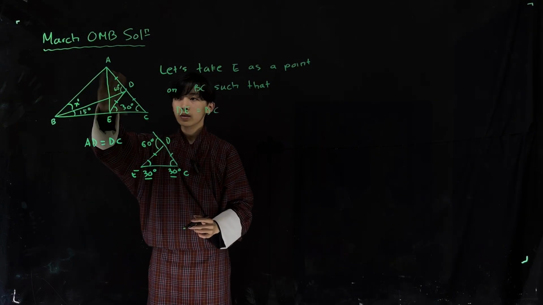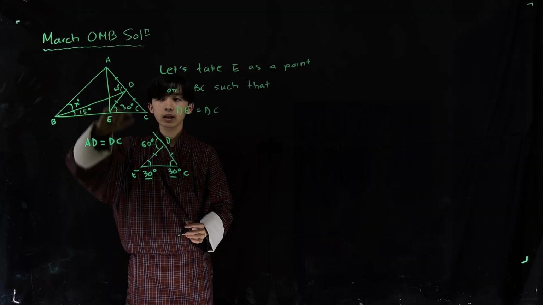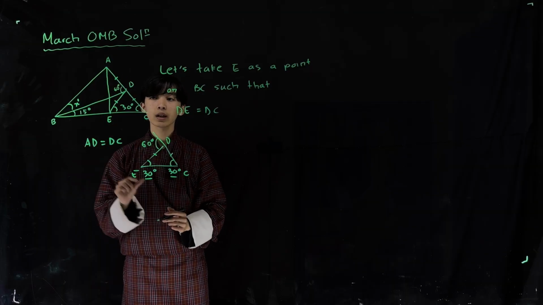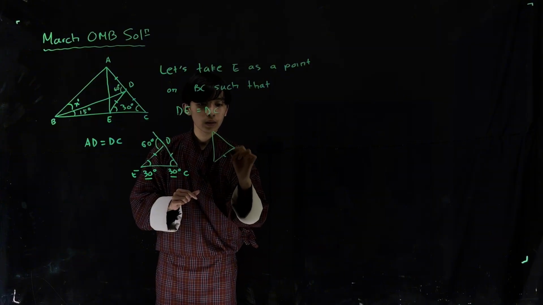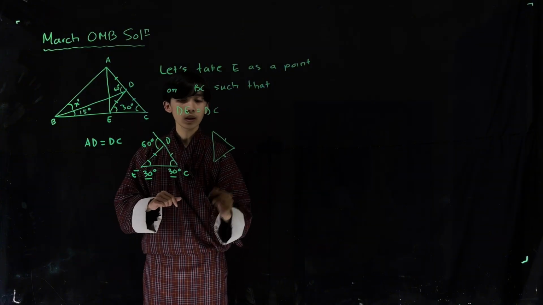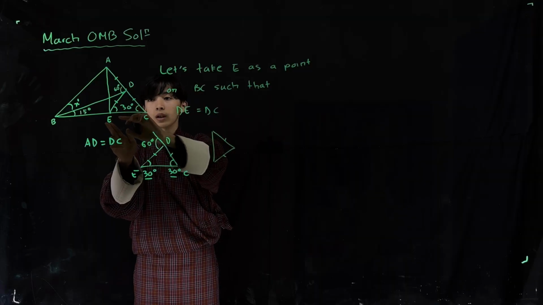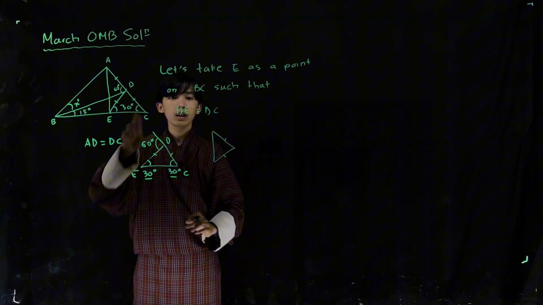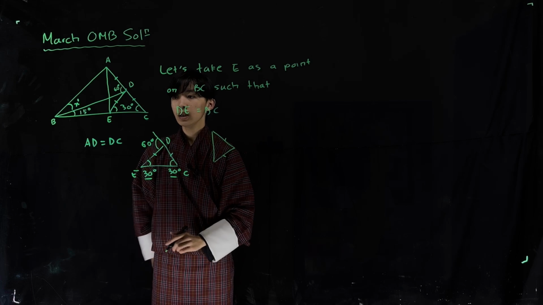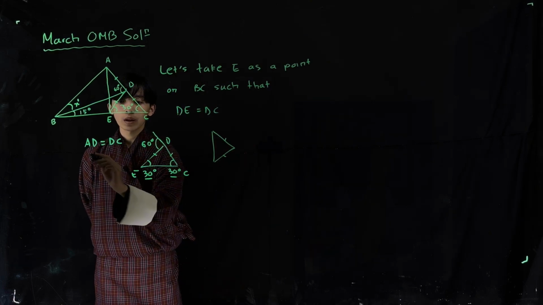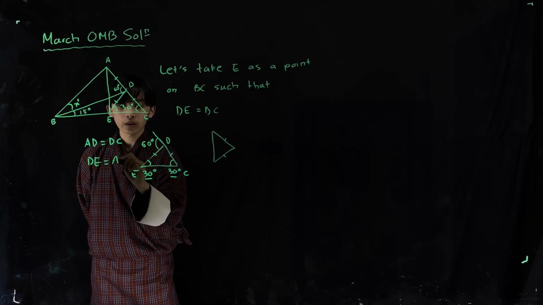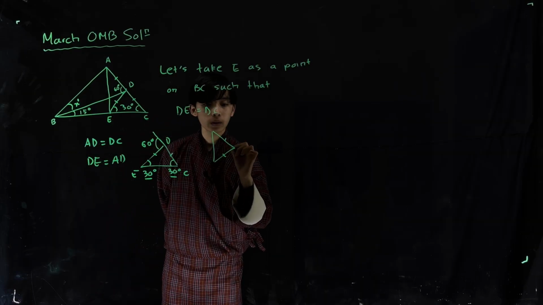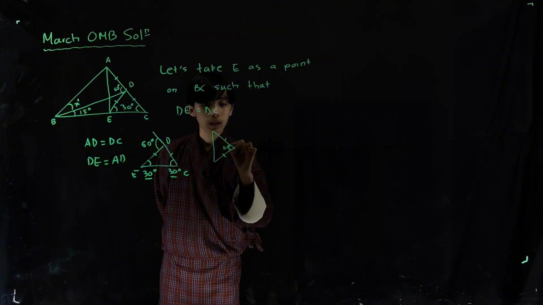Now in an isosceles triangle, if the vertex angle is 60 degrees, we know that it is an equilateral triangle, but let's calculate to show that. We know that DE is equal to DC, and since DC is equal to AD, DE is also equal to AD. So we have an isosceles triangle here with a 60 degree angle.